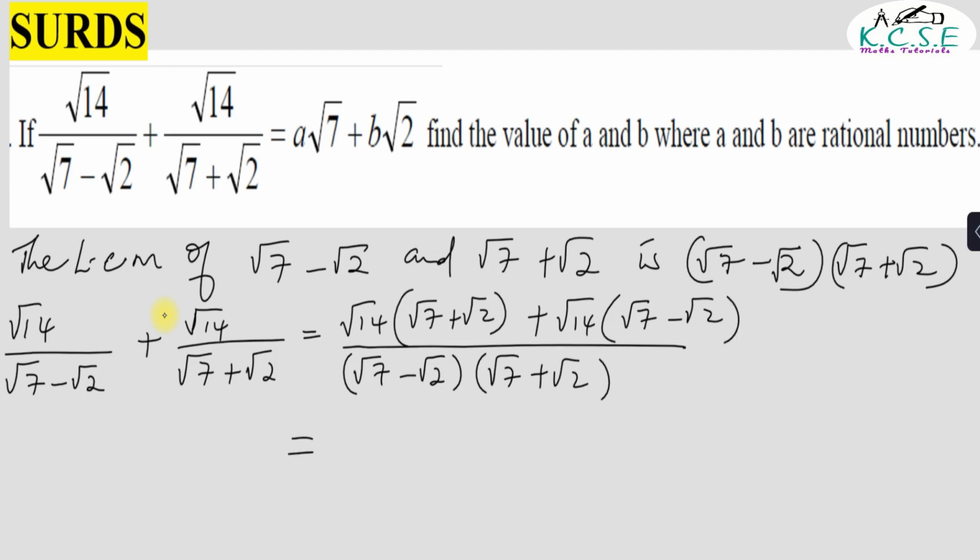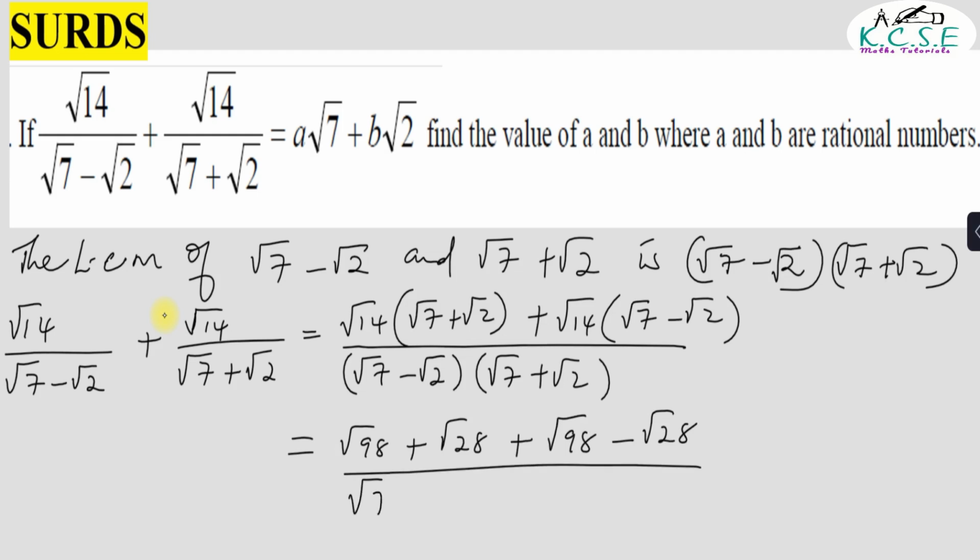From there we can open this bracket. Root 14 times root 7 gives root 98, plus root 28, plus root 98, then minus root 28. Everything divided by root 7 minus root 2 multiplied by root 7 plus root 2.